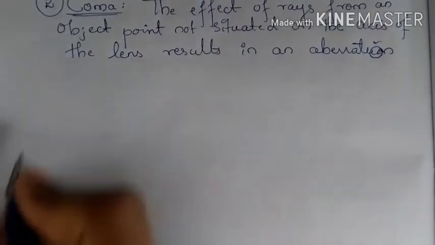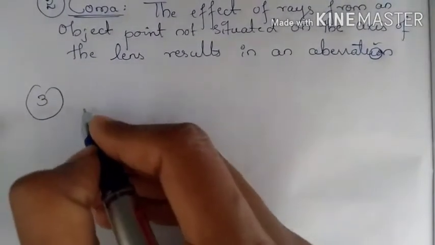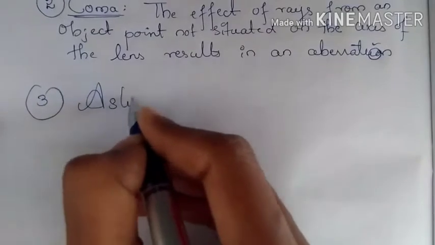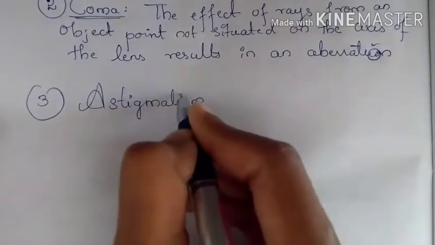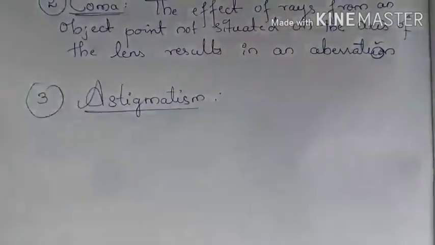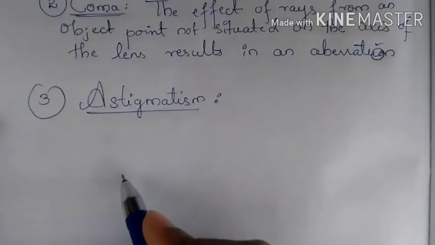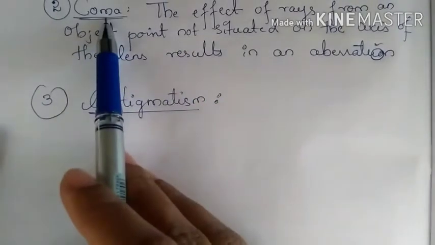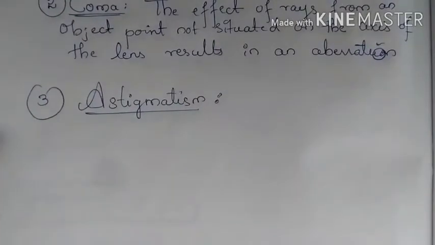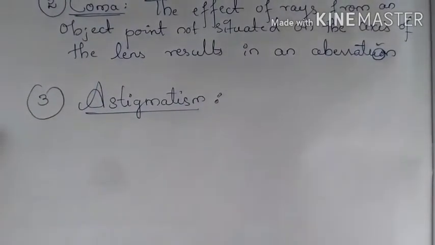So the third is astigmatism. This monochromatic aberration, the astigmatism, is quite similar to the coma. Here is the aberration in an image formed by a lens of object points off the axis.